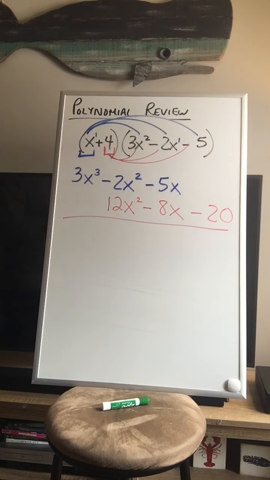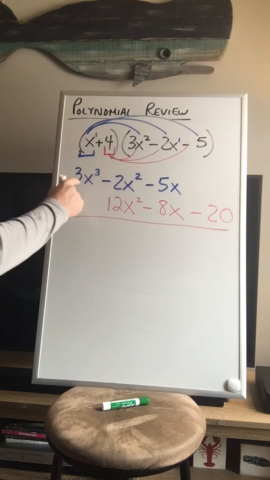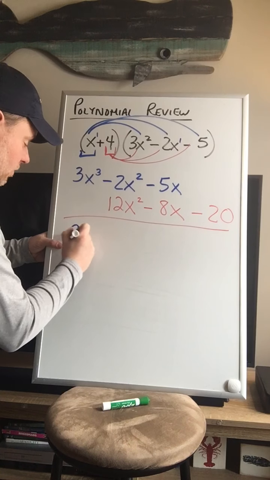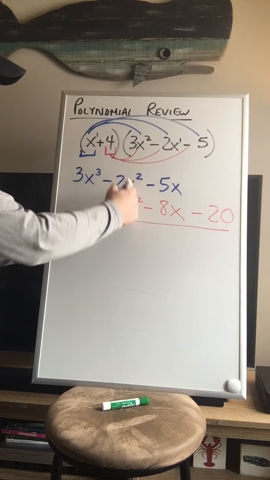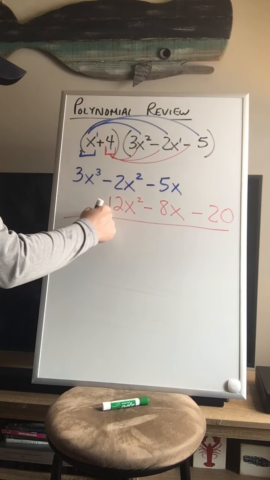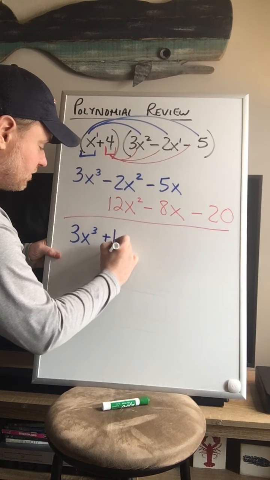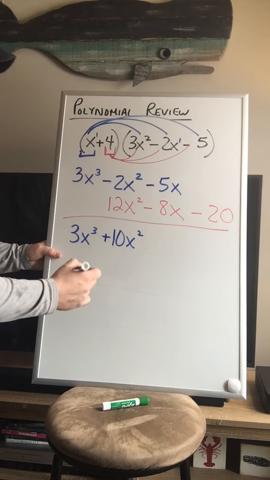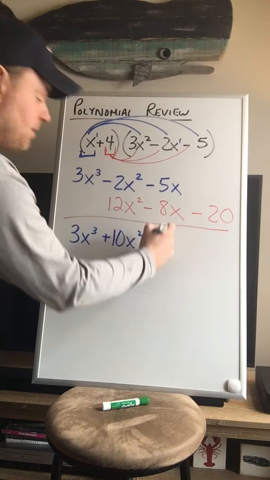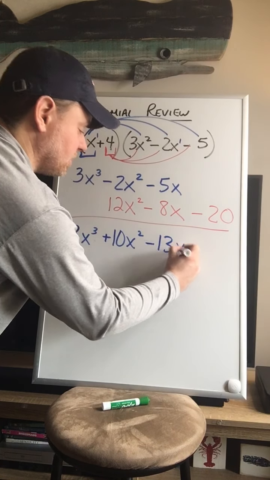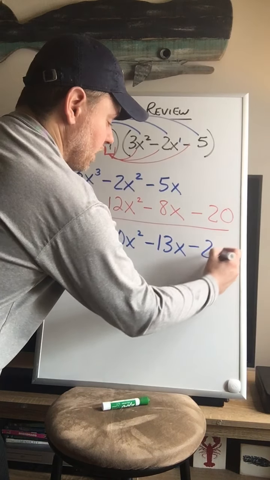And now I combine the like terms. Only the like terms. So 3x to the third has nothing to combine it with. The x to the seconds, minus 2 and positive 12, makes positive 10x to the second. Minus 5 and minus 8 makes minus 13x. And then I have minus 20.